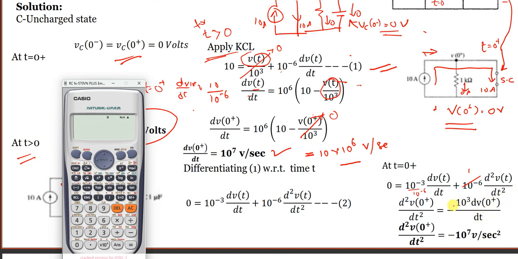Minus 10 power 3 into dV by dt at 0 plus, dV by dt at 0 plus is 10 power 7.